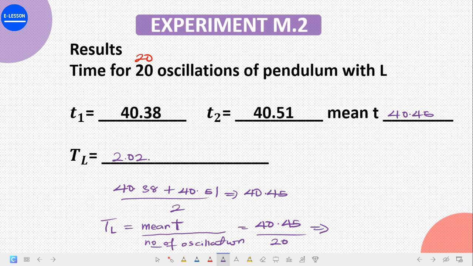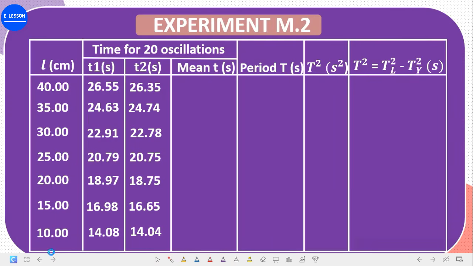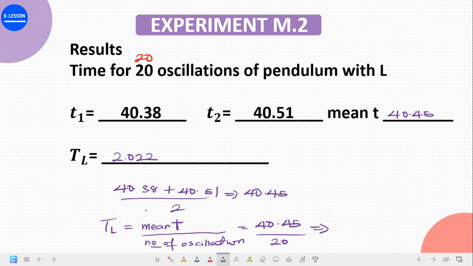2.022. Now in the table what we had was TL squared minus TY squared. So we say TL squared is equal to the square of whatever we have here. We said this one gives us 2.022.